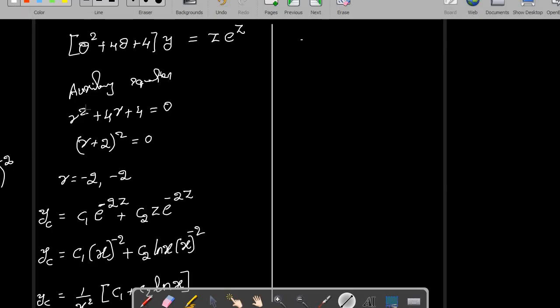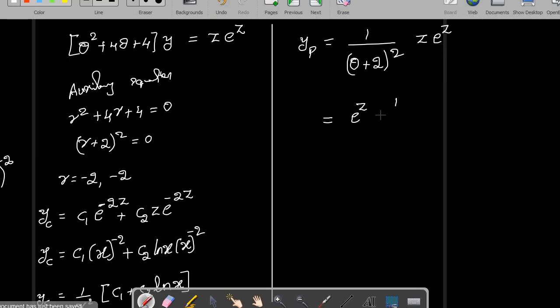So here yp would be 1 over θ² plus 4θ plus 4. I am directly writing it like this: (θ plus 2) whole square, acting on z times e^z. You know that this e^z can be taken out.